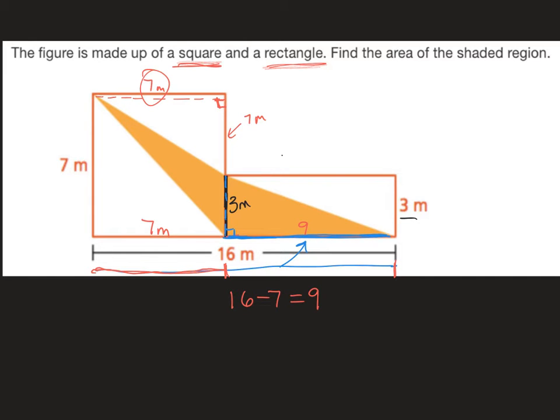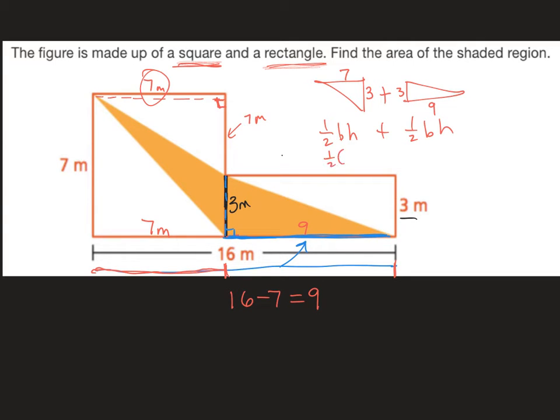So I very simply just need to add the two up. I've got two triangles. Let's just draw them. I've got triangle number 1 over here and triangle number 2 over here. I've got a base of 3 and a height of 7 on the left one, and a base of 9 and a height of 3 on this one. We need to find the area, which is 1/2 base times height, and I'm going to add these together, plus 1/2 base times height of this right one.